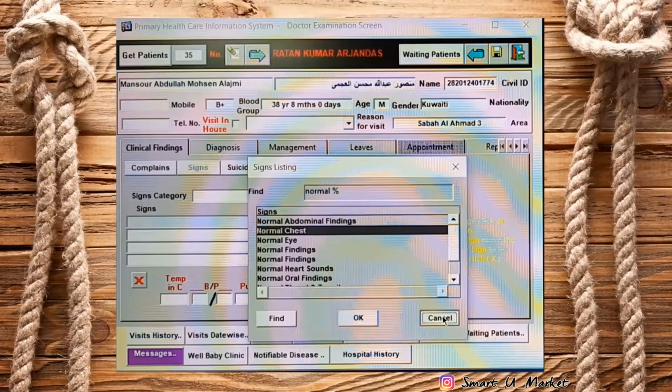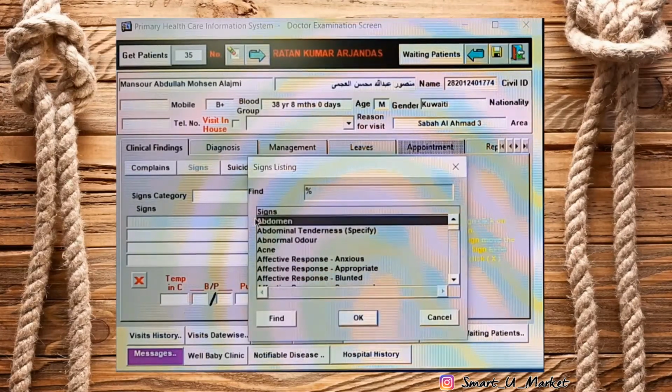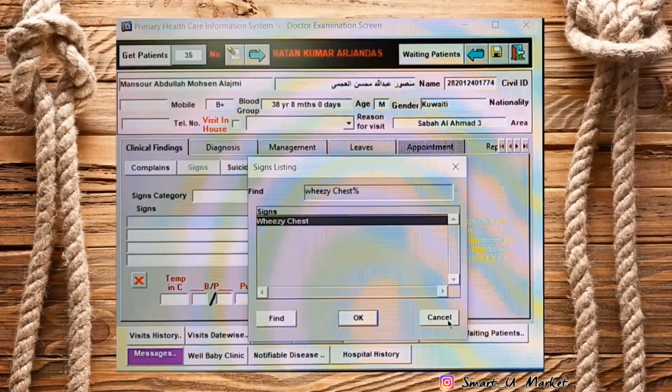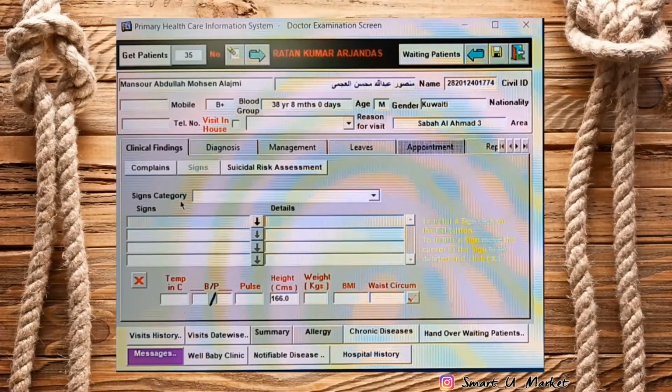Or if an asthmatic patient comes and there is wheezy chest, we write that. So at least we have to write the signs. We also check temperature, so we put in the temperature, blood pressure, and pulse, and when we put in all the data and click it, it will appear above.